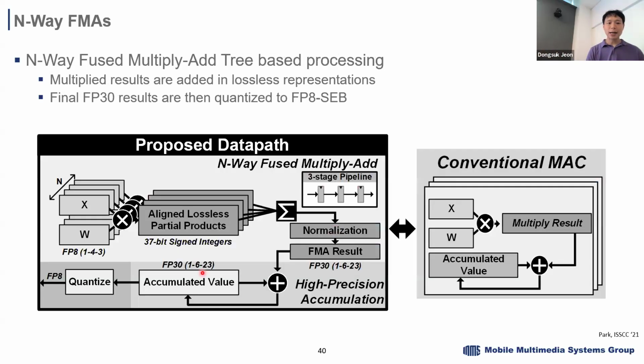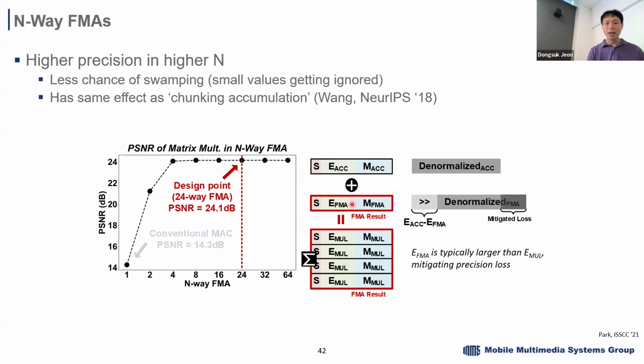However, if we take this architecture, we're going to combine these partial products first. That means we are effectively increasing the magnitude of this temporary value much larger than before. That's why we are losing much less information during each addition.